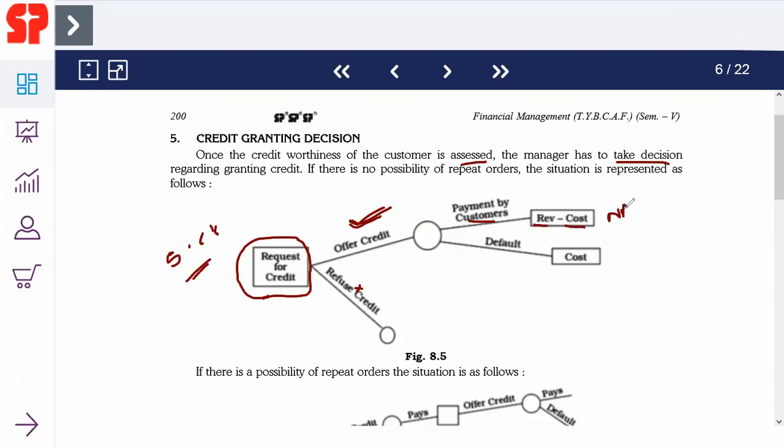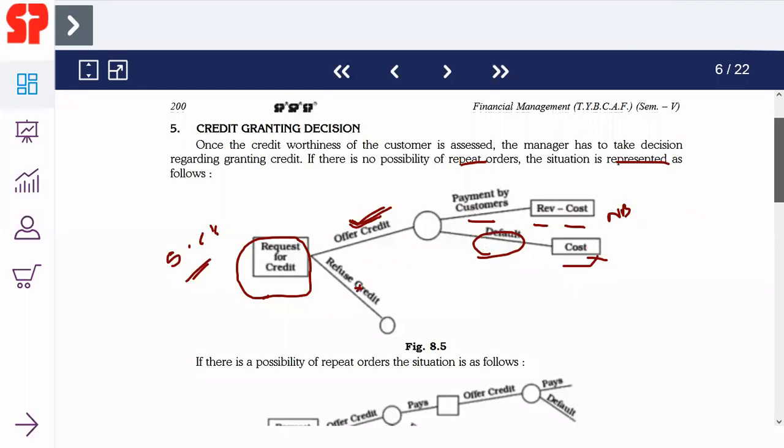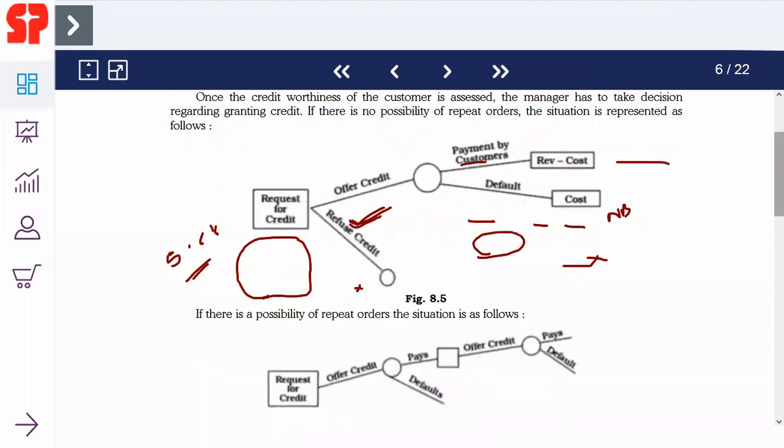This will be net benefit. Or if there is default by the customer, then there will be complete loss, that is cost. So this can be the situation if you decide to give credit. Understood?